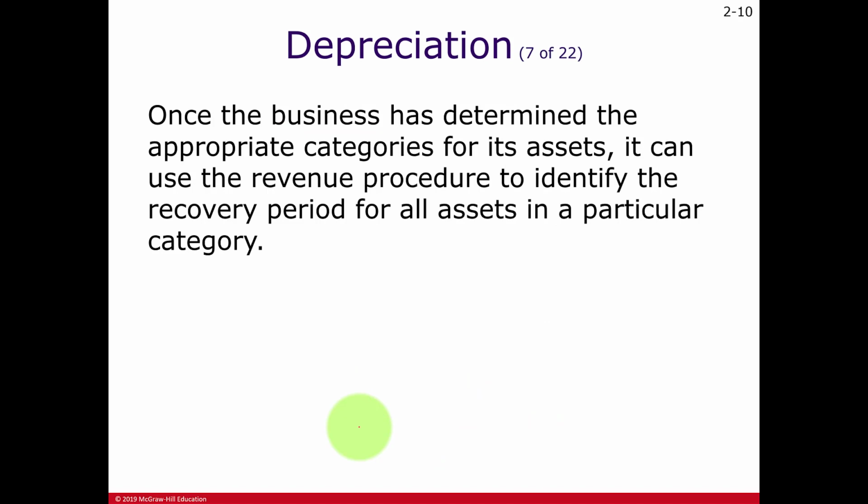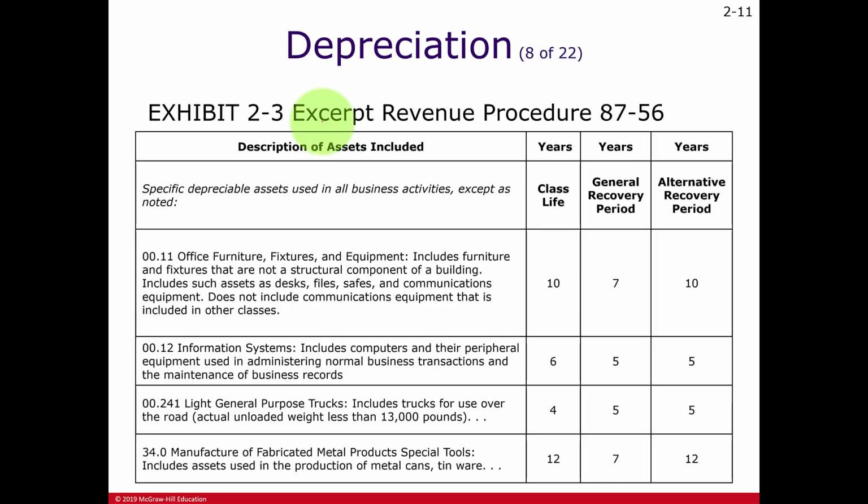So we need to determine what category, again, the class life that the asset's going to fall into. Here is a bunch of different categories. For example, office furniture, fixtures, and equipment fall into this 7-year life. A common one is computer and peripheral equipment, which falls within 5 years, and most automobiles fall within 5 years. You can see the common ones here.